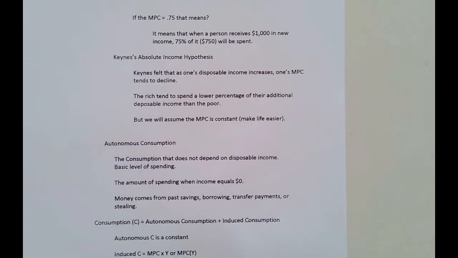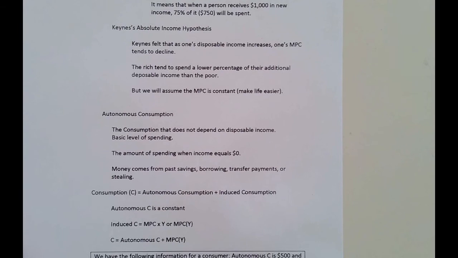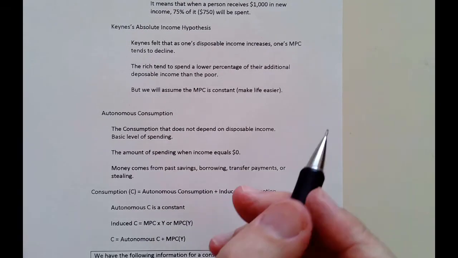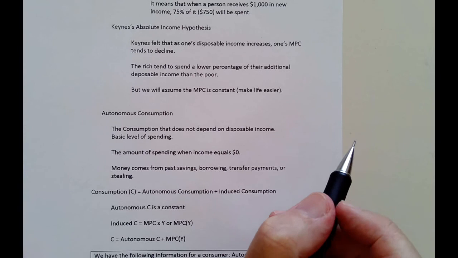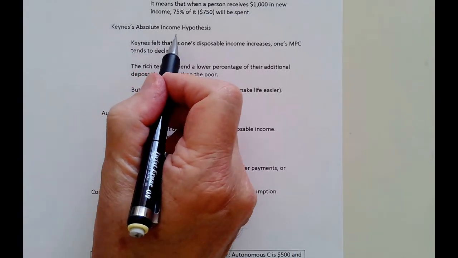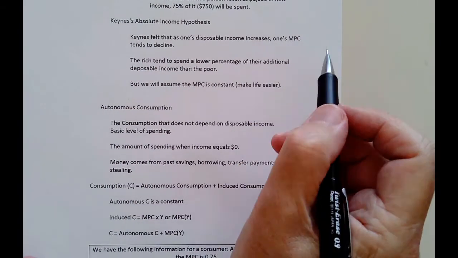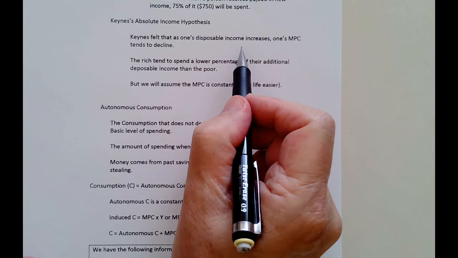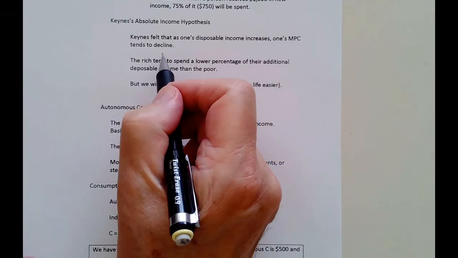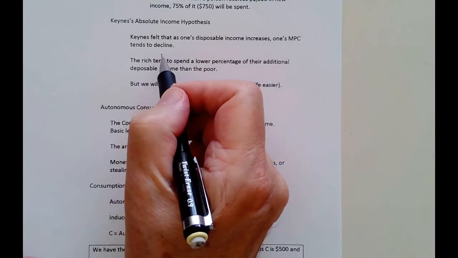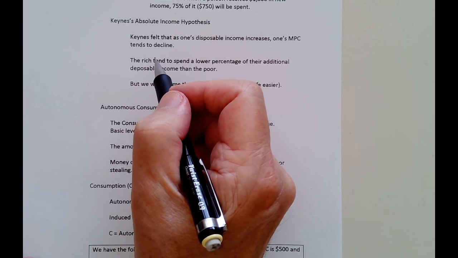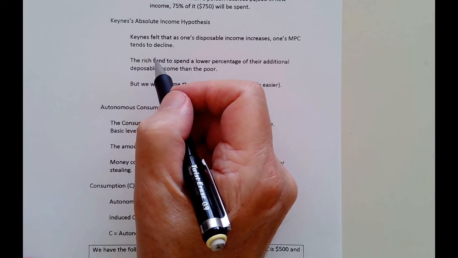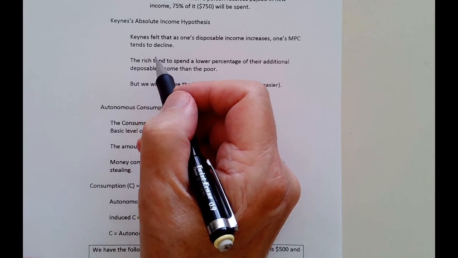Now, Keynes did understand how having higher levels of income would affect the MPC. This is known as the absolute income hypothesis. He felt that as one's disposable income increases, one's MPC tends to decline. Meaning that if you're a very wealthy person and you get another, I don't know, $10,000, you really don't need it. You already can buy everything you want, and therefore you just put the money into a bank account and forget about it.